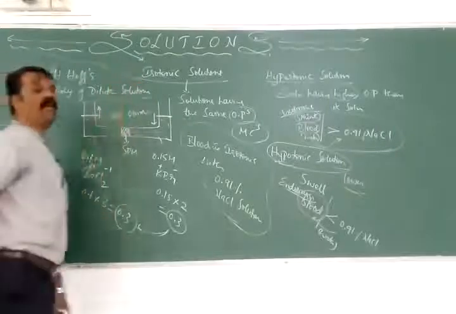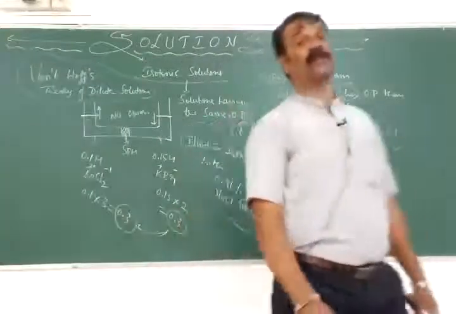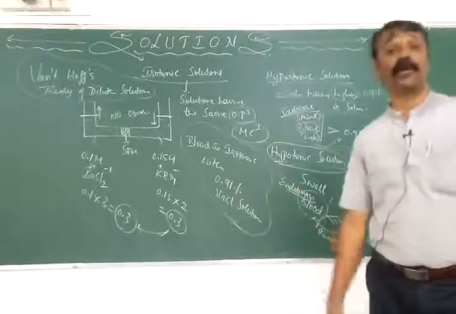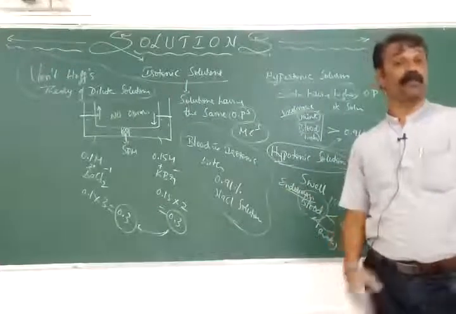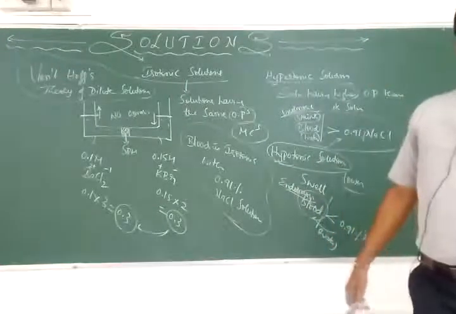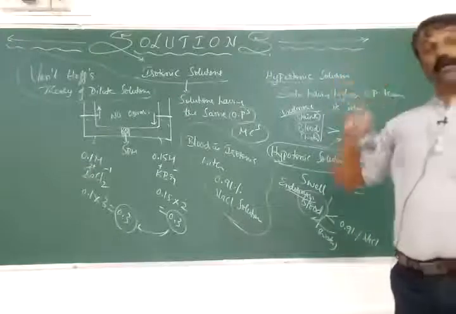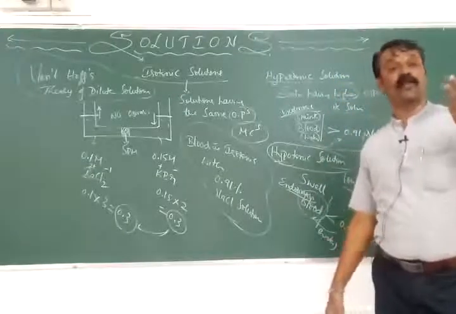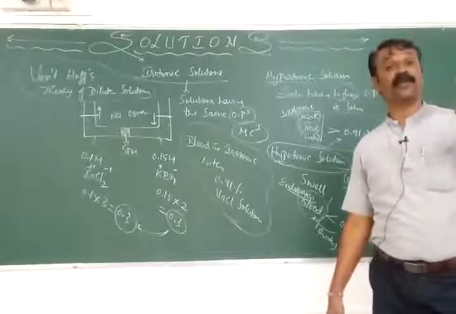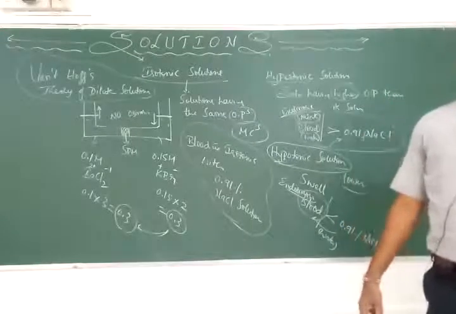From this theory we decide that osmotic pressure is the best example of a colligative property. By Raoult's law of liquid mixtures, we proved that lowering of vapor pressure is a colligative property.